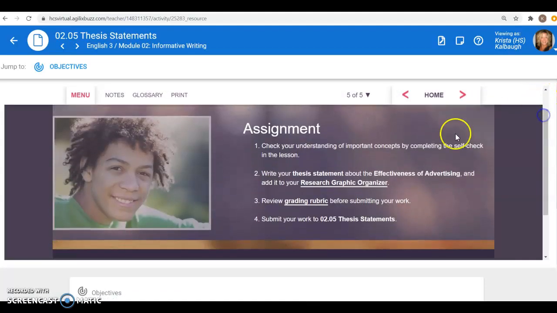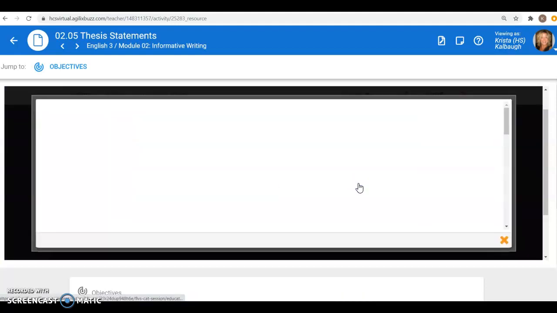Again, you're going to write a thesis statement about the effectiveness of advertising and whether it is ethical, and you're going to add it to your research graphic organizer.